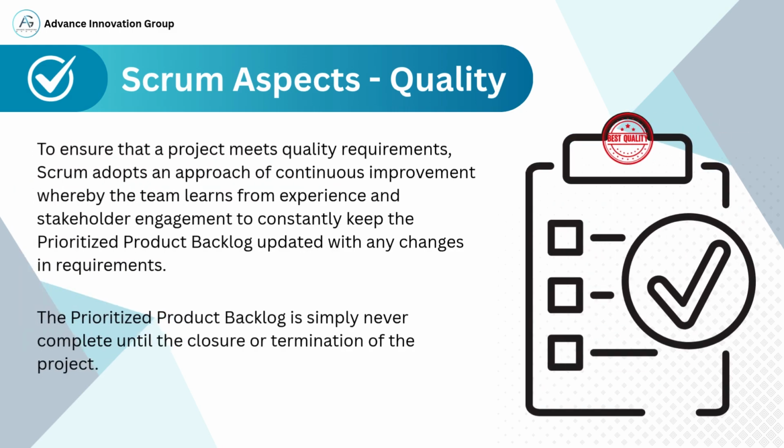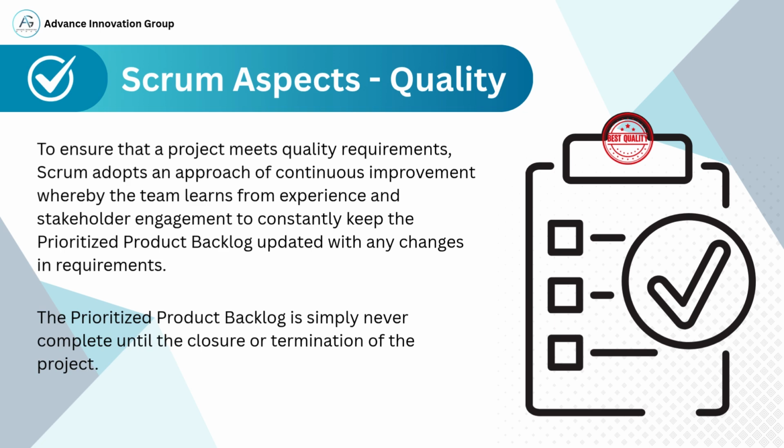Scrum approaches quality through a mindset of continuous improvement. Instead of treating quality as a one-time check, Scrum teams actively learn from experience and stakeholder feedback throughout the project. This learning is used to regularly update the prioritized product backlog with any new or changed requirements.